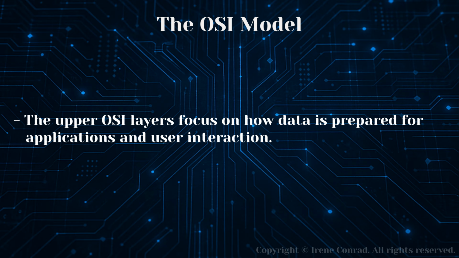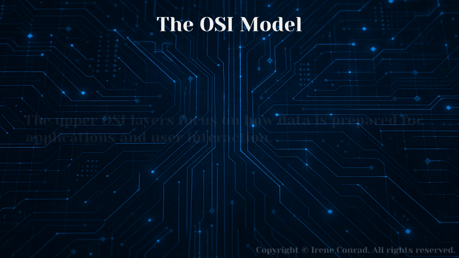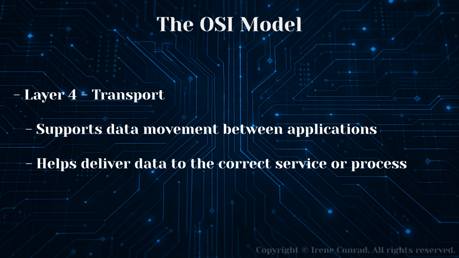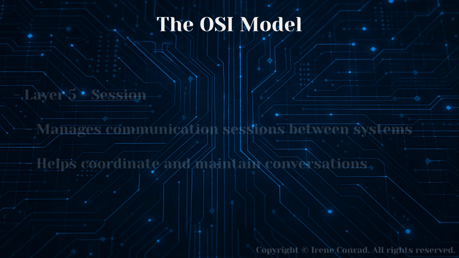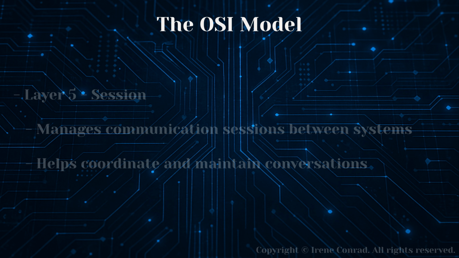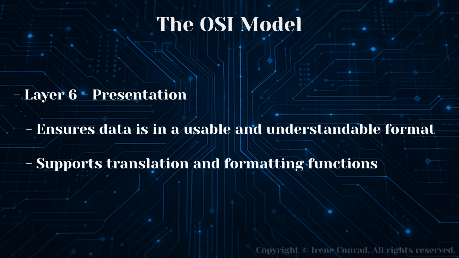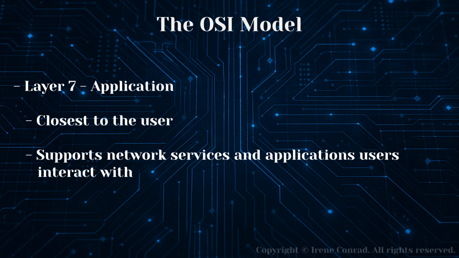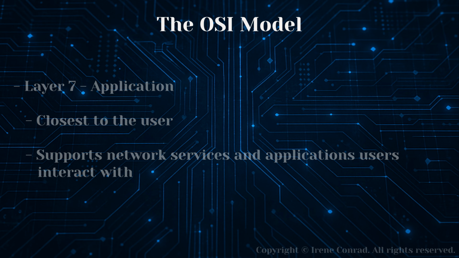Now let's look at the upper part of the OSI model in a beginner friendly way. The transport layer helps move data between applications. The session layer is about managing conversations between systems. The presentation layer helps make sure data is in a usable format. And the application layer is the layer closest to what the user interacts with.